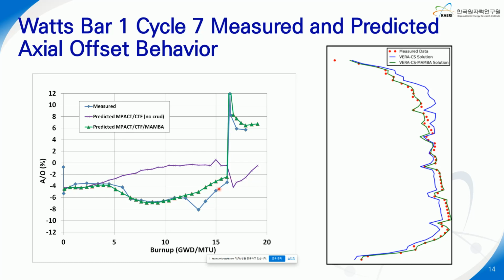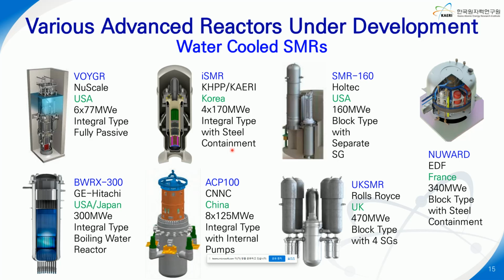This VERA demonstration of the CIPS clearly showed the value of the virtual reactor for conventional reactors. Now let me move to the topic of virtual reactor for advanced reactors. These 7 SMRs are the typical water-cooled advanced reactors under development in various countries.